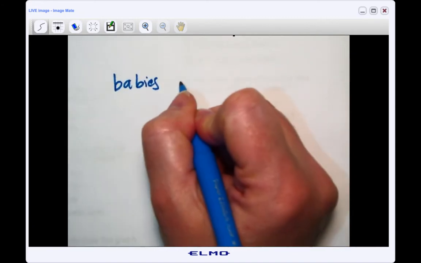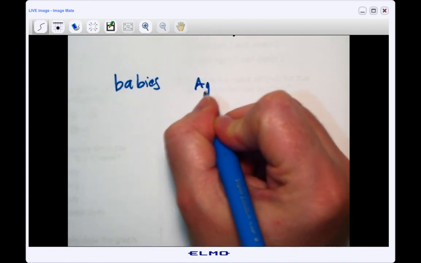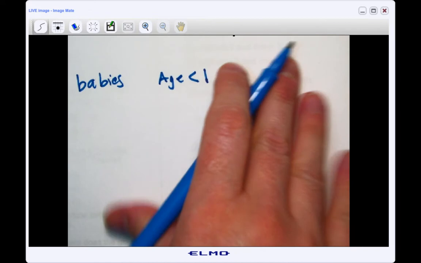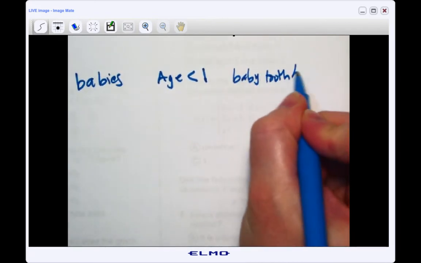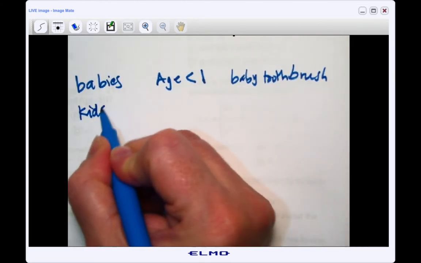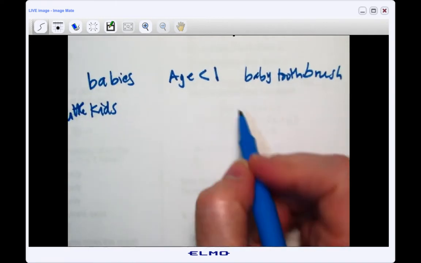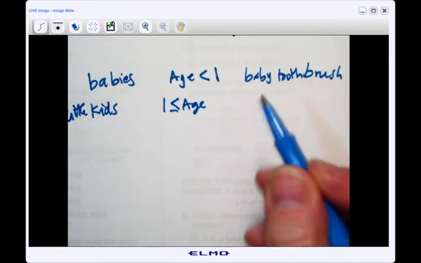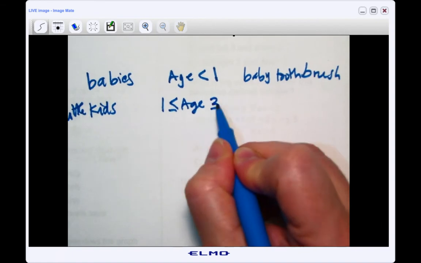So if you're less than a year old, so if your age is less than 1 year, they're going to give you a baby toothbrush as their prize, right? And then they have little kids. So maybe a little kid would be ages from 1 to, I don't know, 3.